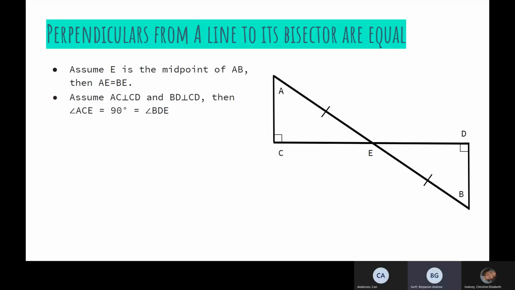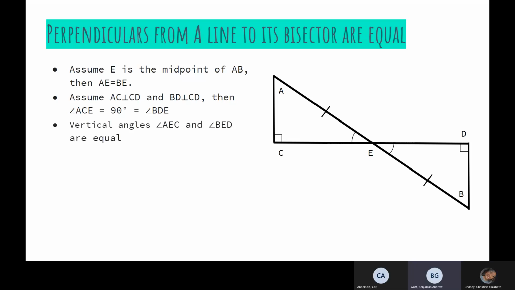Now we're going to draw the perpendiculars from A to C and B to D. So assume AC is perpendicular to CD and BD is also perpendicular to CD. Then what we know is angle ACE is equal to 90 degrees and angle BDE is equal to 90 degrees. So those two angles must be equal.